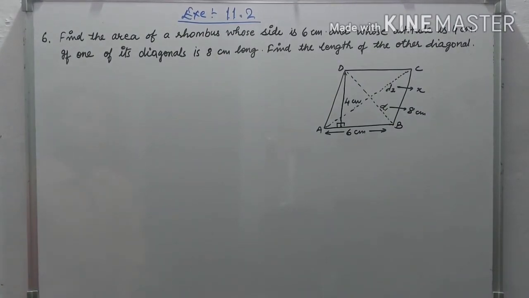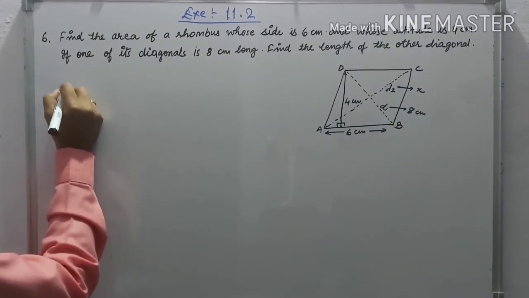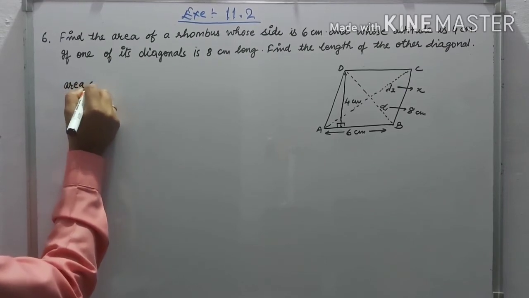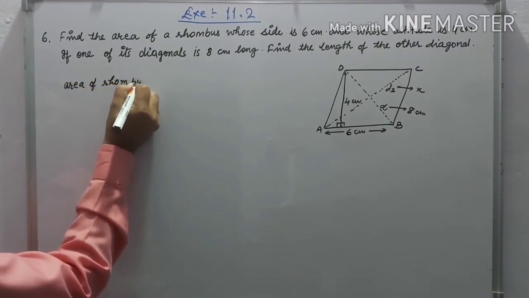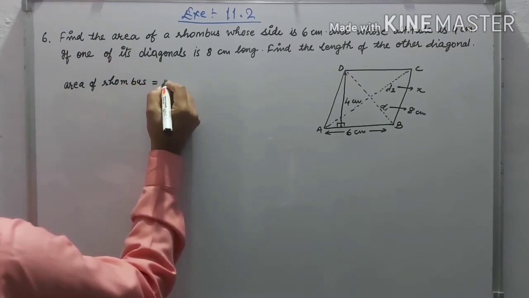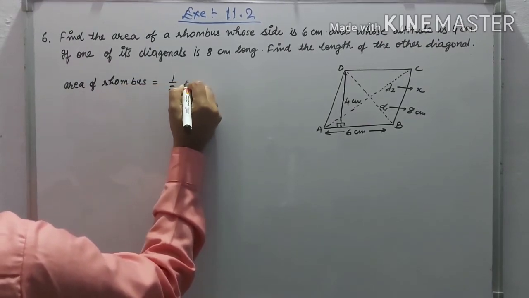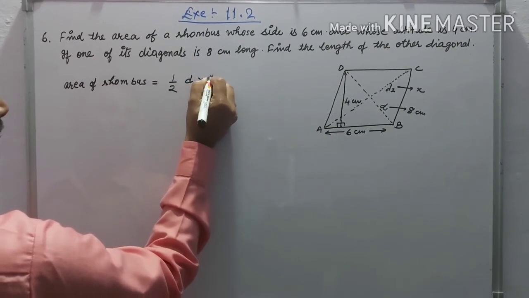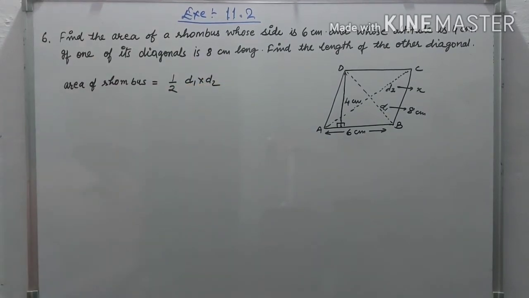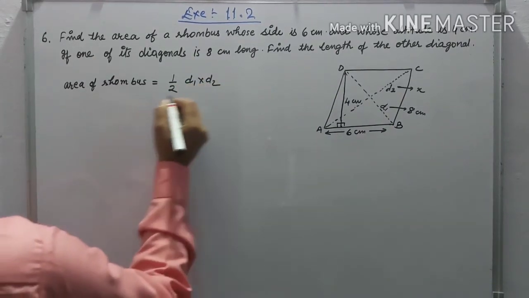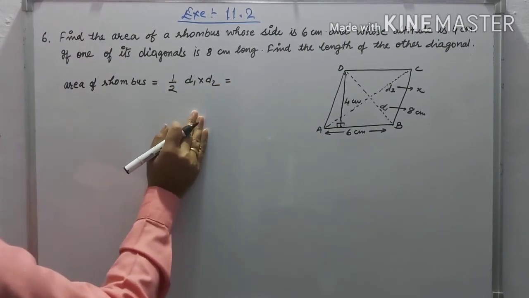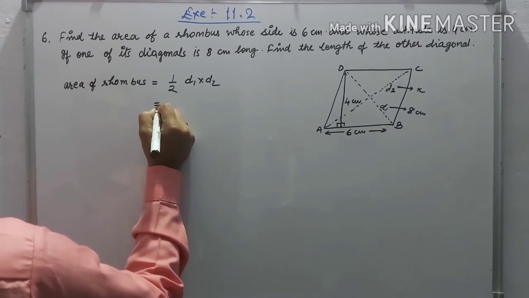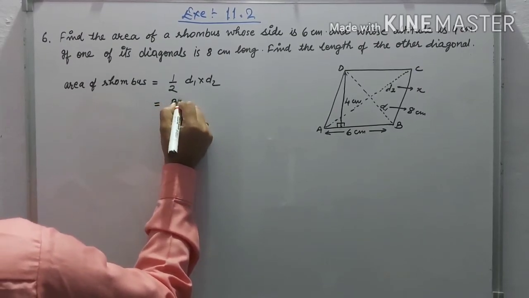Okay, now write that the area of rhombus is 1 upon 2 D1 into D2, that is one area formula. And second, suppose the diagonals are not given, then you use the base and height: it is base into height.